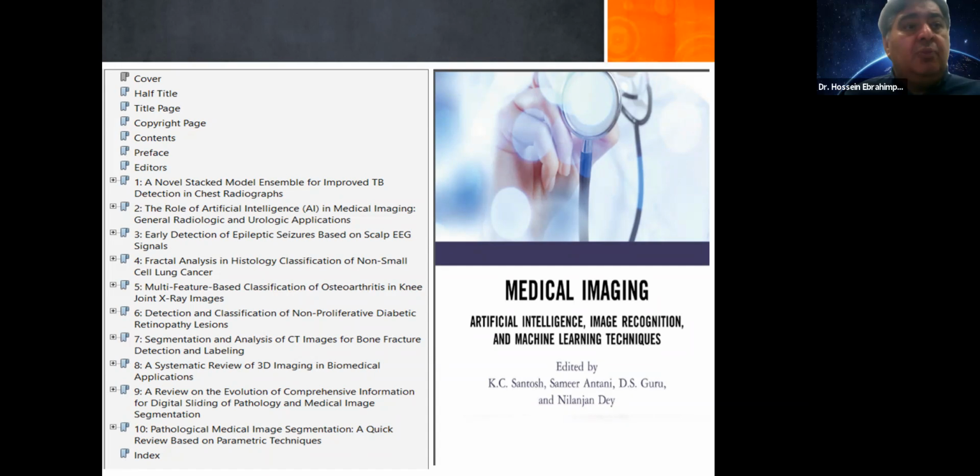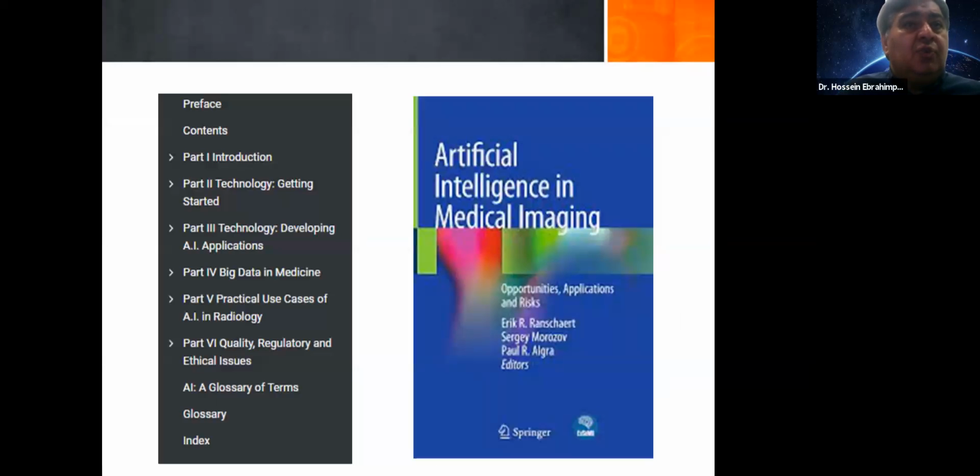So if you are like me and prefer to read books about medical imaging, this book is more interesting for you. And the other one is Artificial Intelligence in Medical Imaging, which combines these two. You can see some parts like big data in medicine, or quality, regulatory, and ethical issues in this book as well.